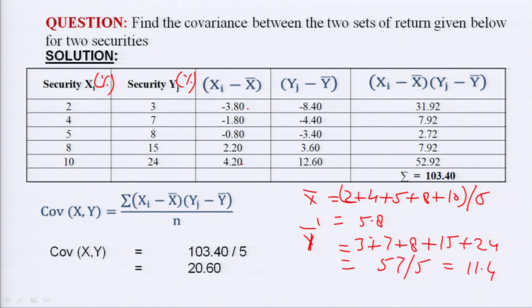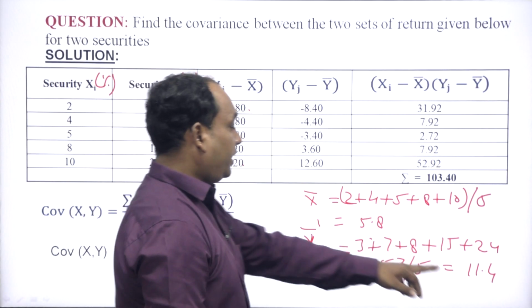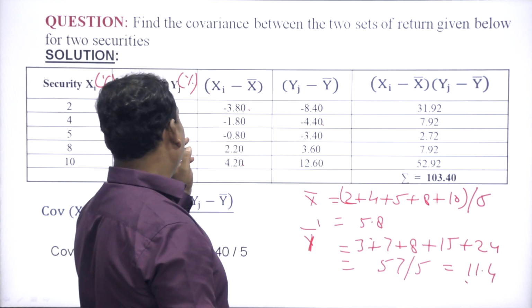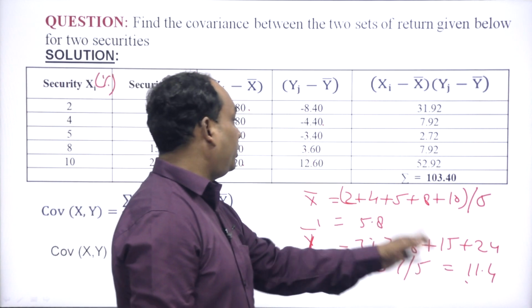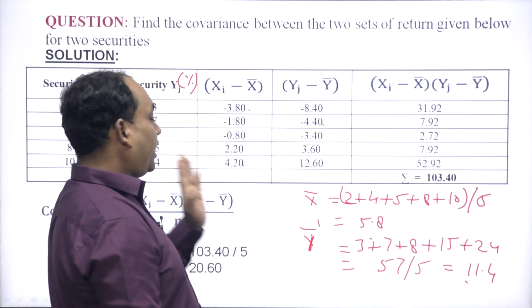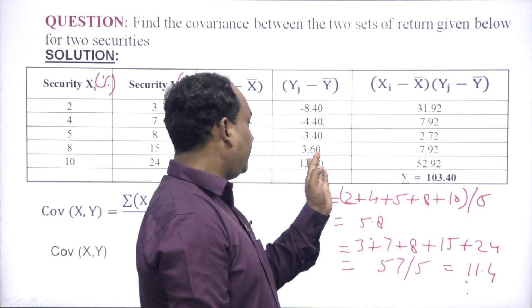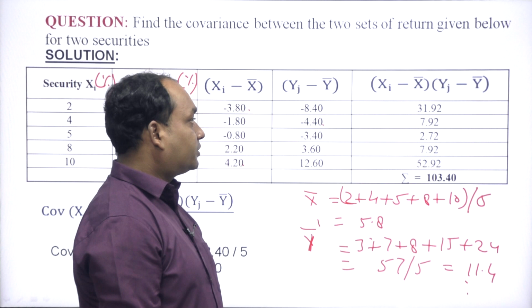Then 3 minus 11.4 is minus 8.4, 7 minus 11.4 is minus 4.4, 8 minus 11.4 is minus 3.4, 15 minus 11.4 is 3.6, and 24 minus 11.4 becomes 12.6.